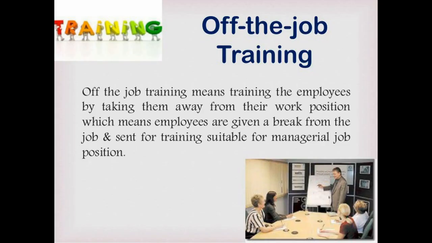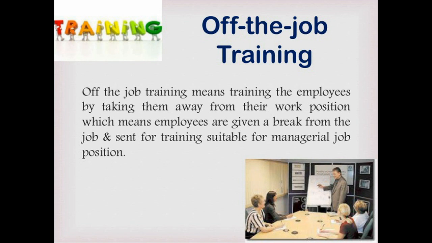When it comes to off the job training, as I told you, the trainee gets trained first and then enters into the organization. In case of complicated and technical jobs, it is very important that he should have more understanding, skill and experience in the particular work he is doing.